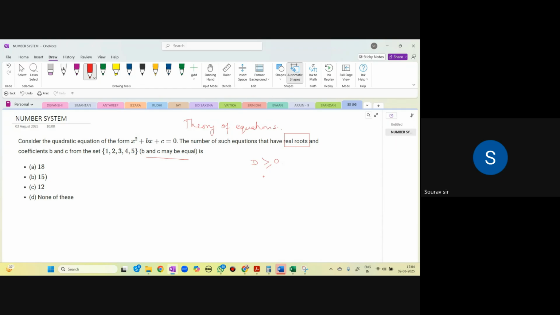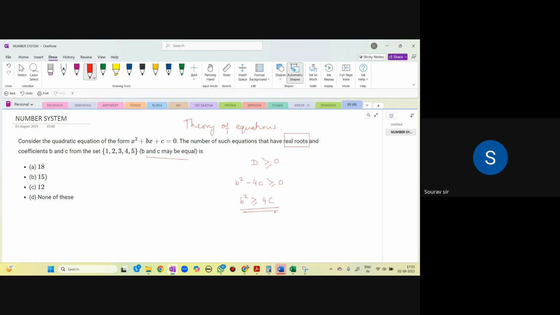So that means B square minus 4c should be greater than or equal to 0. That means B square should be greater than or equal to 4c.